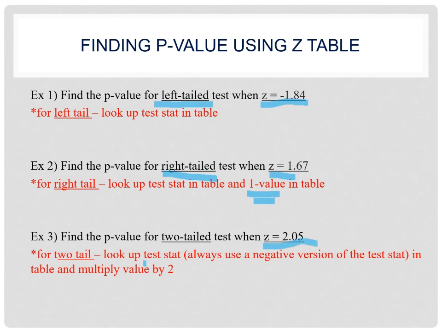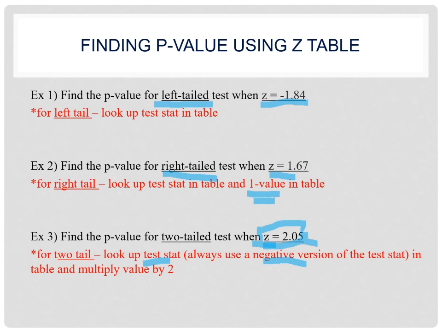It'll come from step 2. Step 2 is where you calculate the test stat. So look up the test stat you get. I would say always look up the negative version. So even though here I gave you positive 2.05, look up negative 2.05.